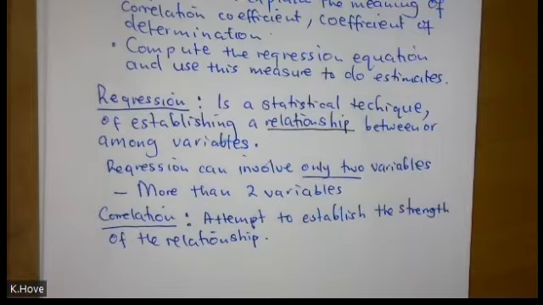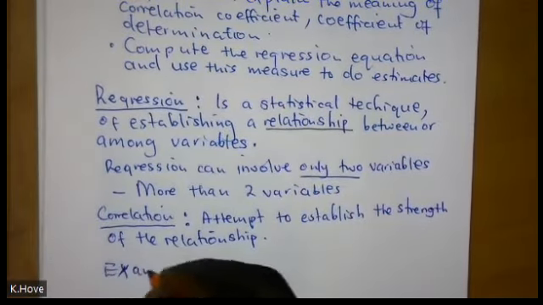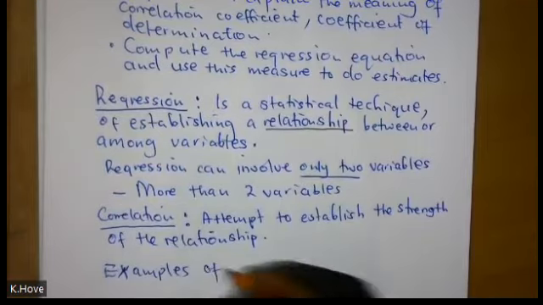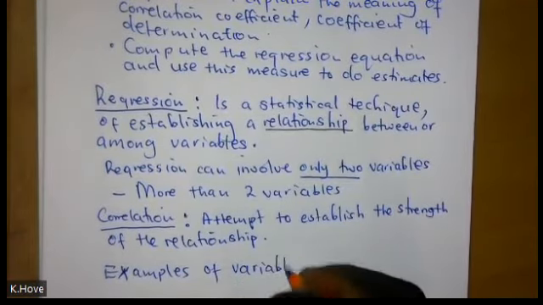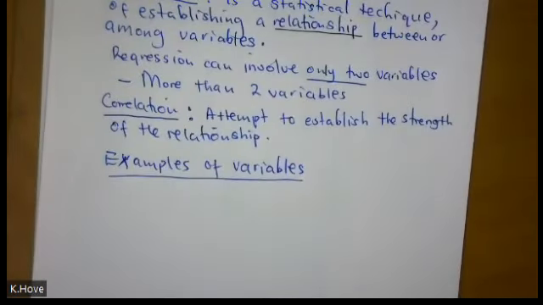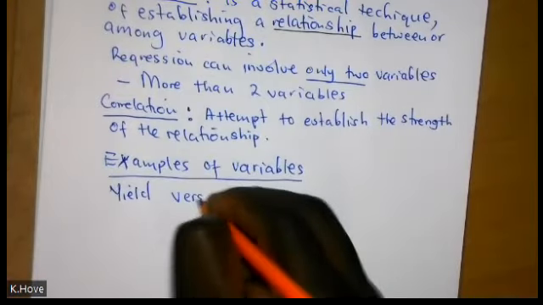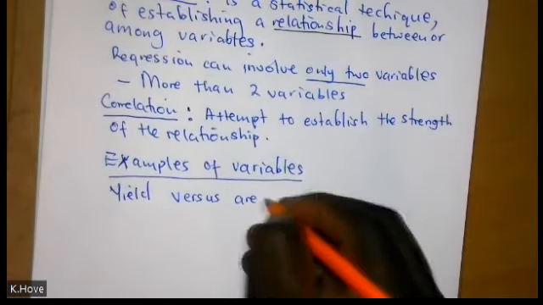Now, I think at this particular point, it is important for me to give simple everyday scenarios. Let me give these as examples of variables where regression can be used. In agriculture, we talk of yield versus area under crops.